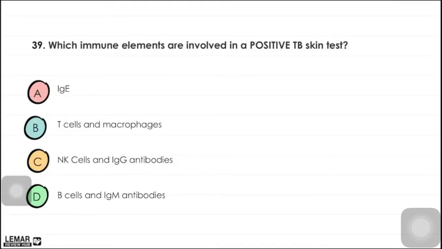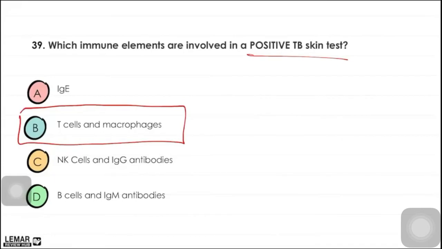So, a positive tuberculosis skin test is an example of type 4 cell-mediated delayed hypersensitivity reaction. So this type of hypersensitivity reaction involves T cells and macrophages. So, number 39, the answer is letter B.